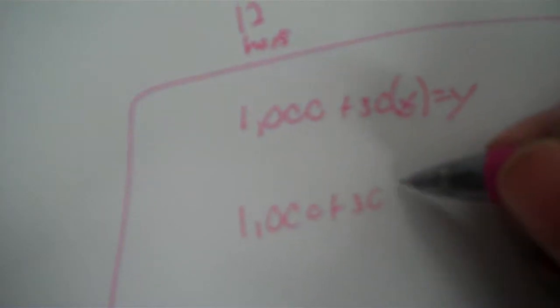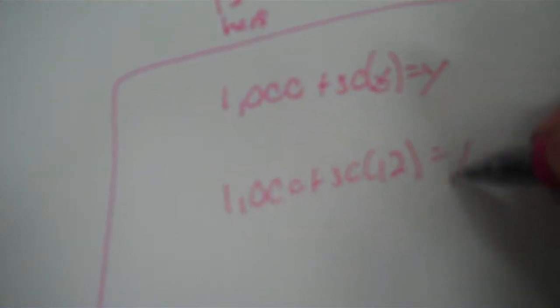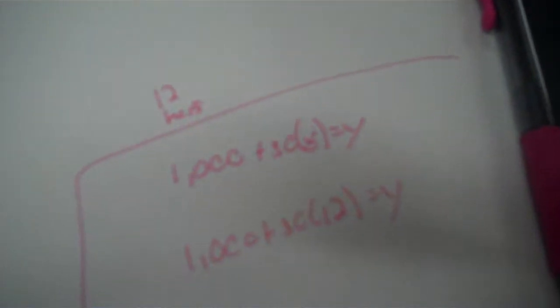And then 12 hours gets inserted for x, not y. Okay, so 1,000 plus 30 times 12 equals y. You can just plug that into the calculator. 30 times 12 plus 1,000, $1,360.